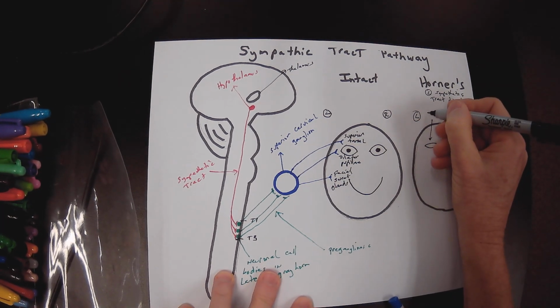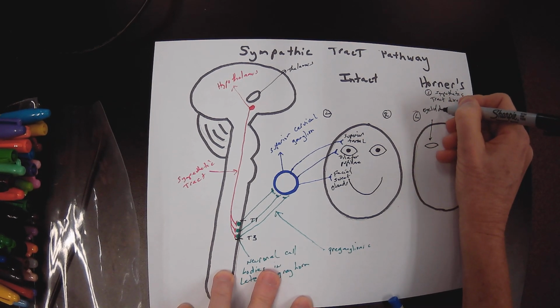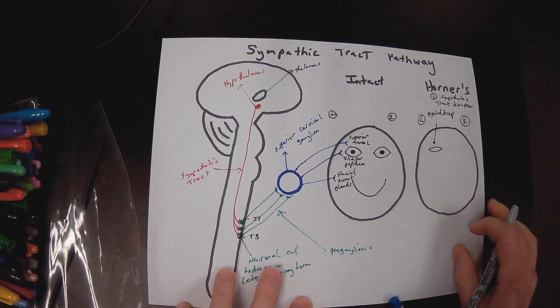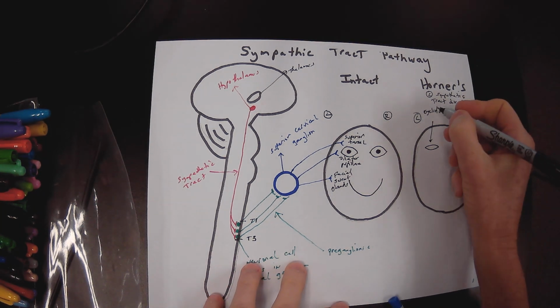So I'm going to say eyelid droop. Does anyone know the medical term for a drooping eyelid? It has a very specific name, something you should associate with Horner syndrome in combination with these other things, called ptosis.